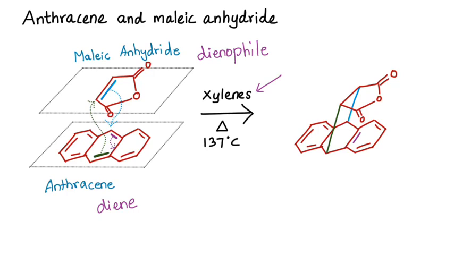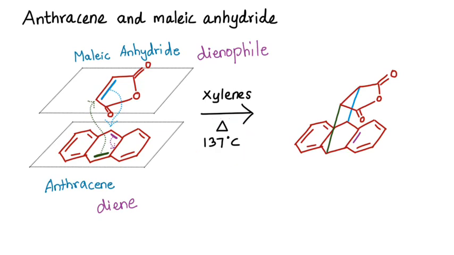The boiling point of xylenes is 137 to 140. So we can comfortably use this solvent without evaporating it. If you use common solvents like acetone or dichloromethane or chloroform, they all will evaporate below 75 degrees centigrade. So you cannot apply this heat for the reaction to occur.